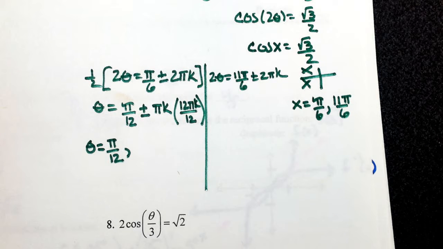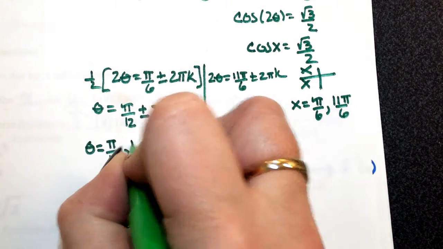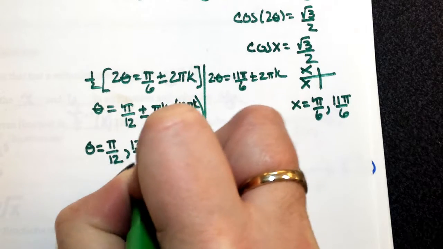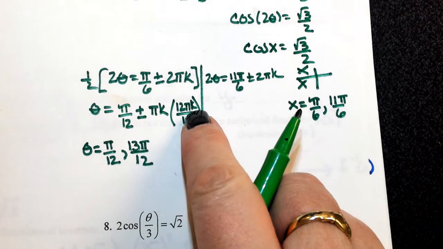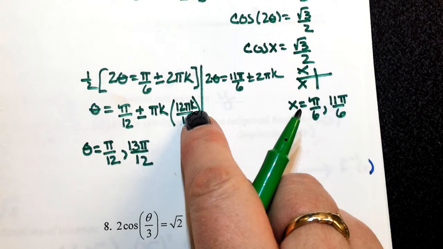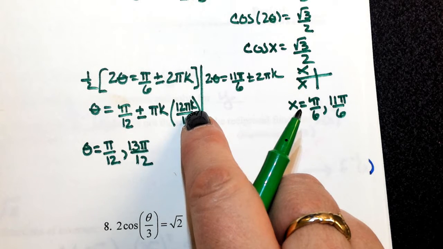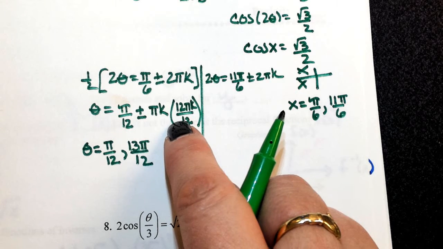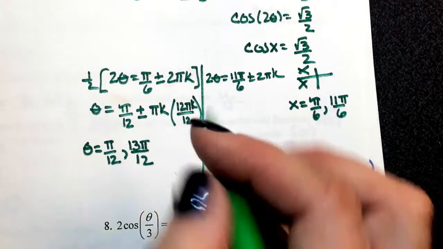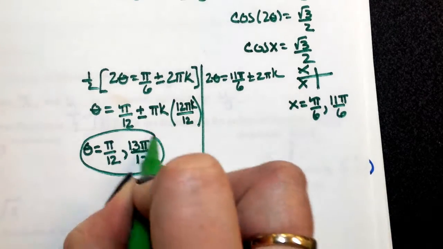That's going to be a what? 13 pi over 12. And again, if I plug in 2 for k, you told me to stop at 24 pi over 12. If I plug in 2, well, I know 2 times 12 is 24. So I know these are the only 2 angles between 0 and 2 pi for this part.